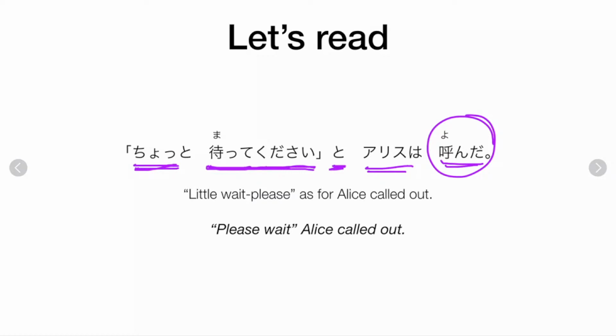Kudasai basically means please. It's please do this for me, right? It's like kure. So chotto matte kudasai is please wait a bit. Chotto is a little. Matte is imperative form of wait. So when someone says chotto matte, they're saying like, wait a second. So chotto matte kudasai to arisu wa yonda.